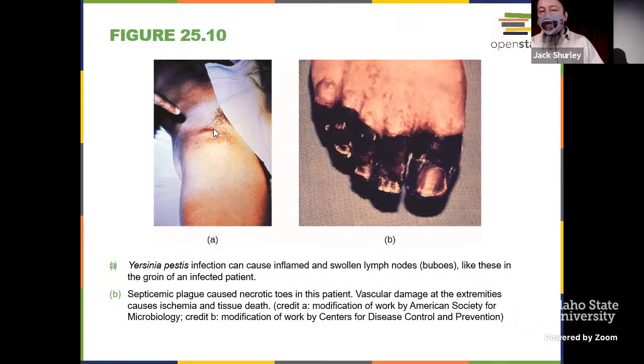If we make it into the circulatory system and start replicating within there, that's where we see septicemic plague. And in those circumstances here, with massive amounts of vascular damage, it looks like a super serious case of frostbite over here. This necrosis is a result of the basically tissue death from the bacteria that gets in there and causes all of the damage.